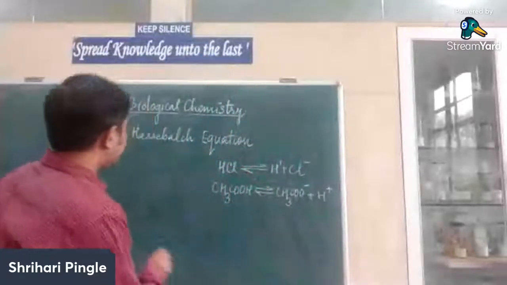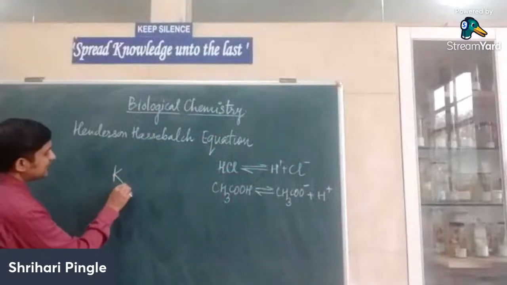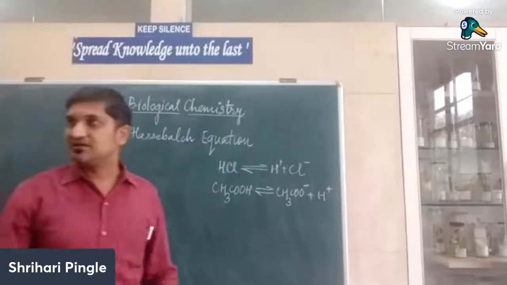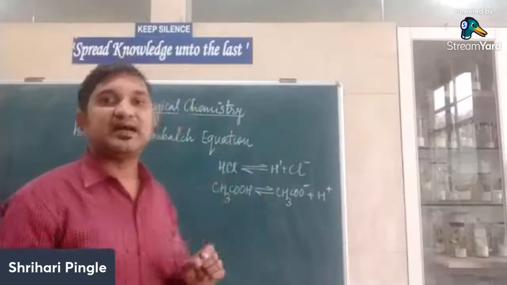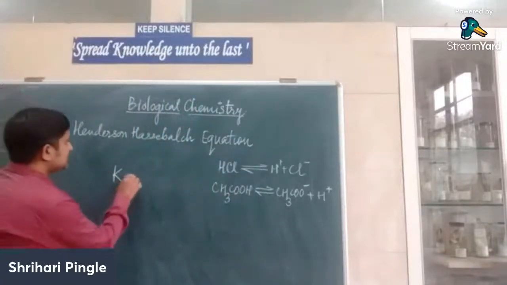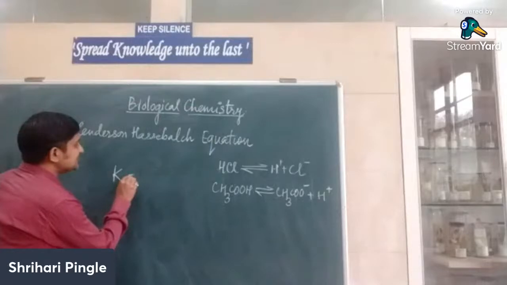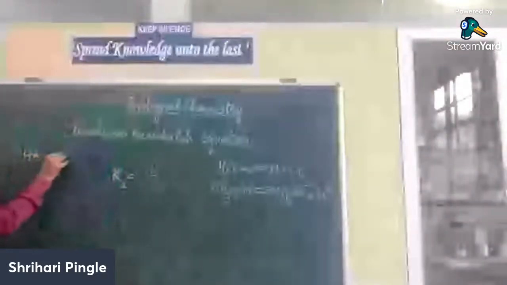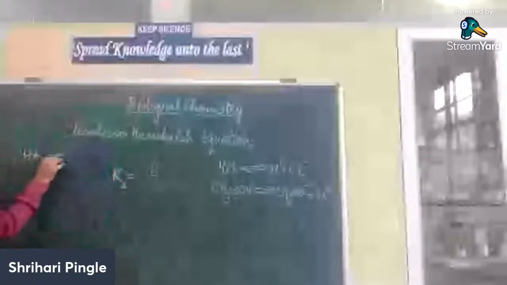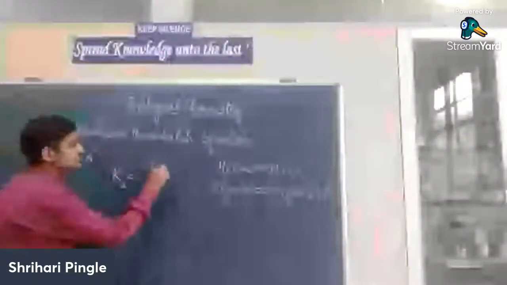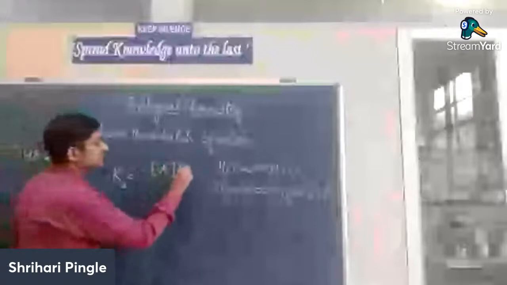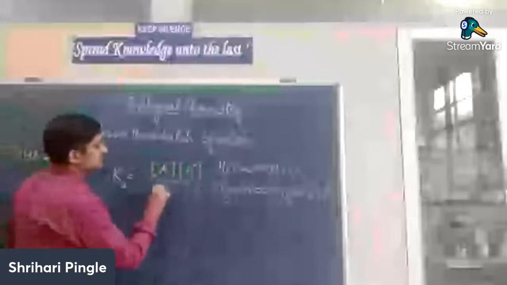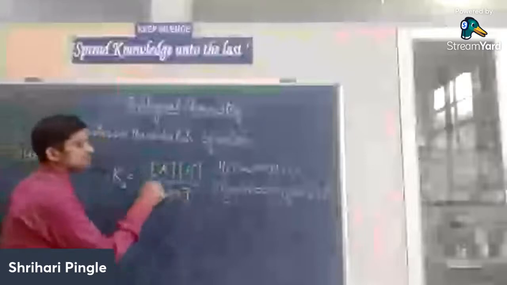He said that the dissociation constant of an acid, Ka, is equal to the concentration of the product of A minus and H plus upon the concentration of HA.